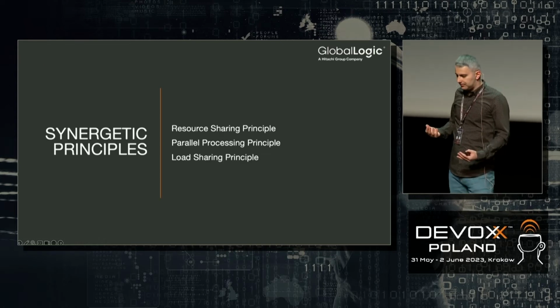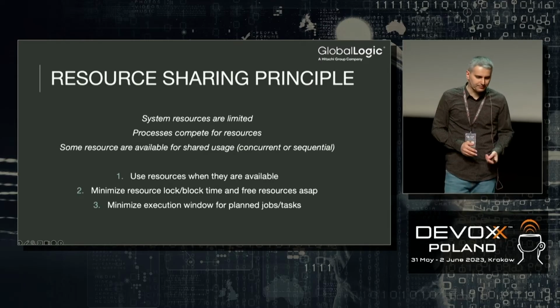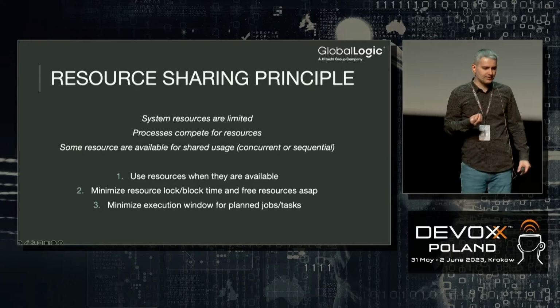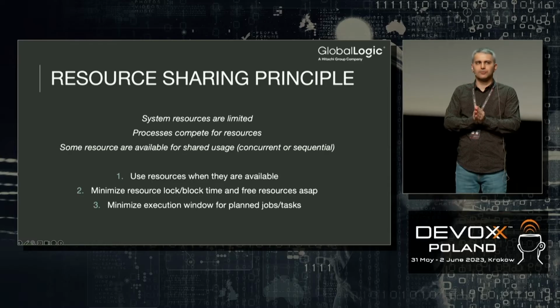Synergy principles. How different components will work together. So usually it's about 3 things. First, resource sharing. You always think, how can I share resources in a way so that any blocked resource is not blocked for a long time. Not all systems can be built in a non-blocking fashion.